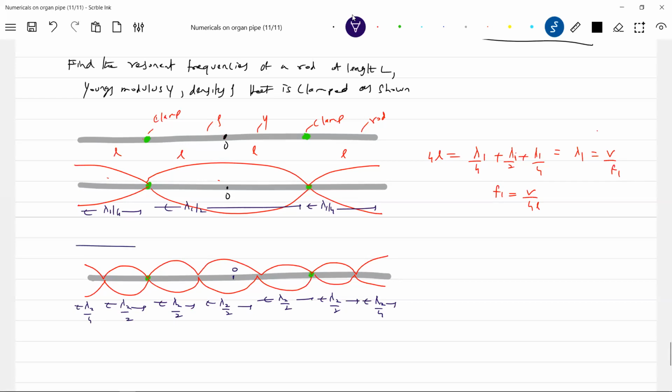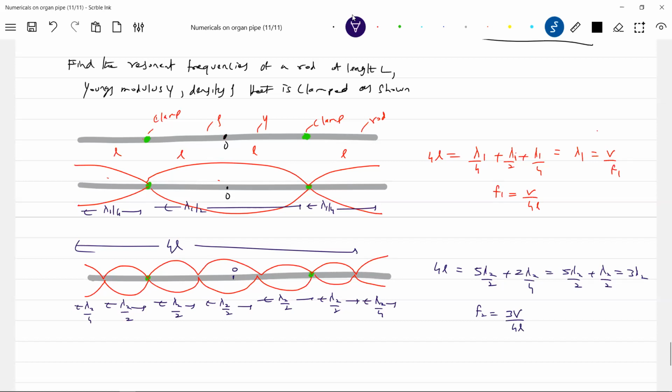So what is the overall length of the pipe? 4L, no? So this 4L should be equal to how many? 1, 2, 3, 5 lambda by 2 equal to 2 lambda 2 by 4. So 5 lambda 2 by 2, lambda 2 by 2. So 3 lambda 2. F2 should be equal to 3 V by 4L.